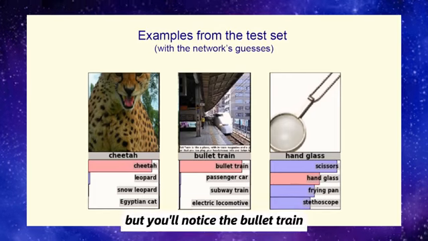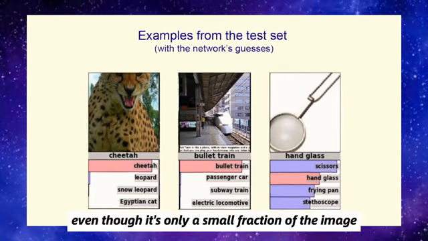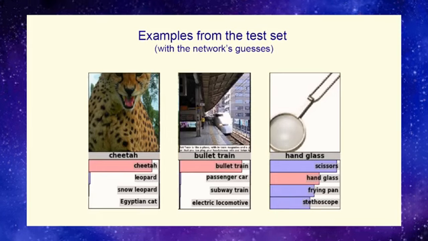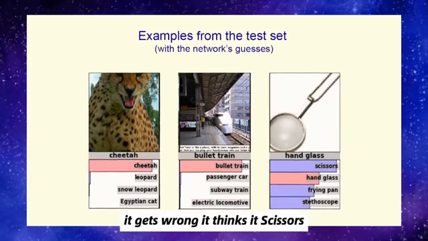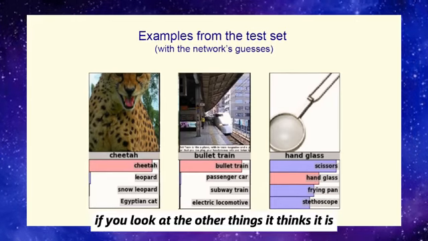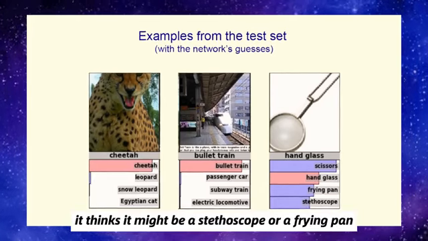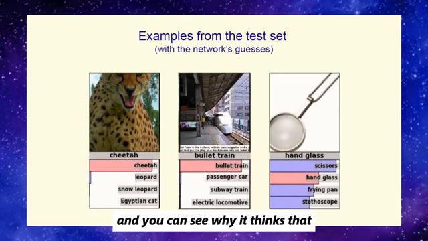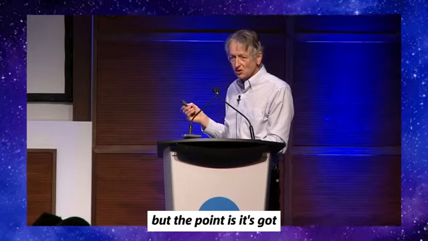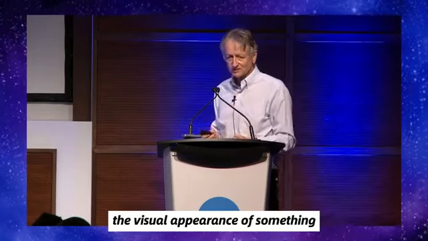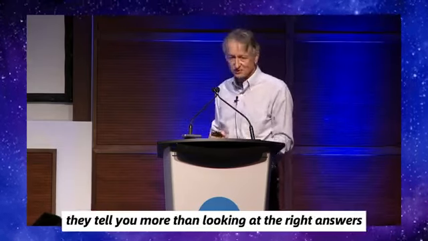But you'll notice the bullet train, it gets right, even though it's only a small fraction of the image. The hand glass, it gets wrong. It thinks it's scissors. If you look at the other things it thinks it might be a stethoscope or a frying pan. And you can see why it thinks that, and you can see that it needs glasses. But the point is, it's got the visual appearance of something. If you look at its wrong answers, they tell you more than looking at the right answers.